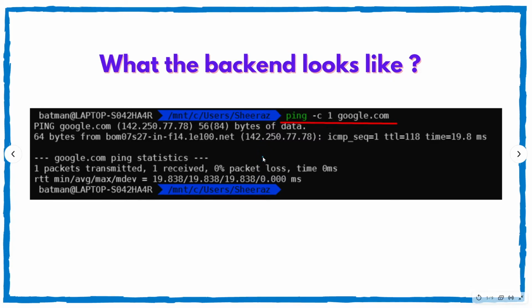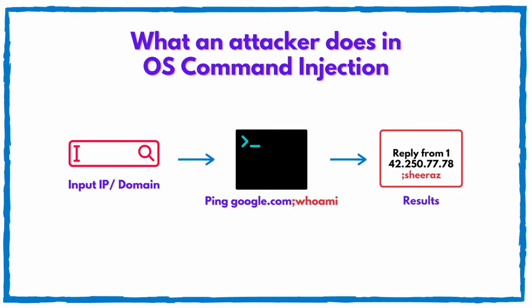But now let's see how an OS command injection works and what an attacker would do. So coming over here, we have the same website, but this time what an attacker would do is try to poke and prod with the website and see how things work. So let's say that we have that same input box for IP and domain, and it is doing the ping, and our attacker observes that the website is pinging stuff.